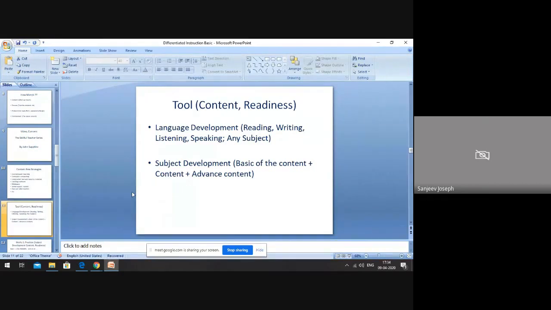I say that when you take the content, there should be reading of that content by the children, writing about that topic in the class, listening about that content, and speaking about that content, be it any subject.